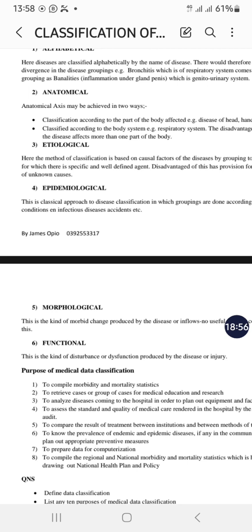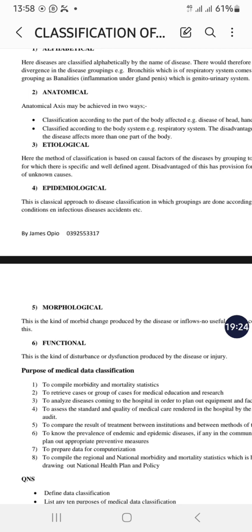This is the approach of grouping diseases according to the conditions, whether it is an infectious disease or an accident. The social factors include what the person has done that has led to such a disease, and what the person is not doing.